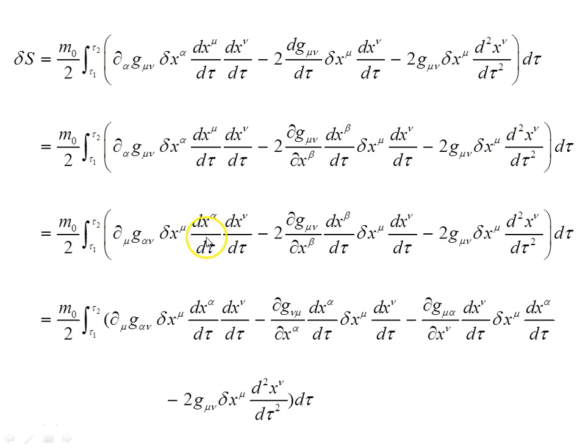Next line down, what we would like to do is, instead of delta x alpha and delta x mu, have them all with the same index, so we'd like to have delta x mu here. What we can do is the alpha here and here can be swapped to become mu, and this alpha can be swapped with the mu's, so this mu and this alpha swap places, and we end up with delta x mu.